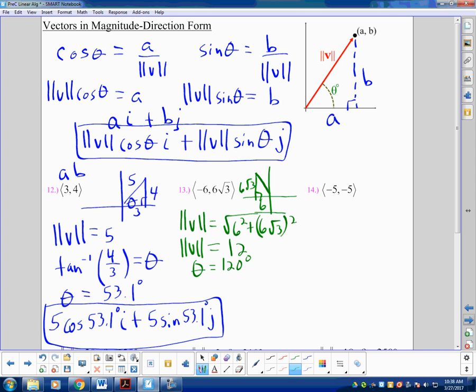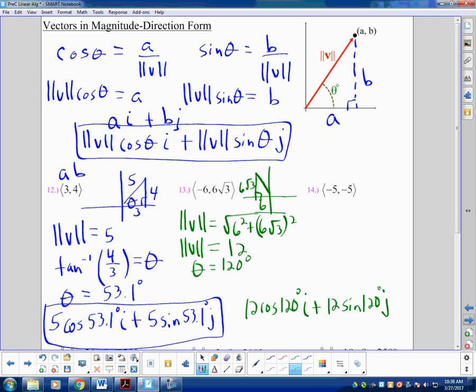And so my form is 12 cosine 120 degrees in the I direction. And what should the sign on this be here? Oh, we've got it taken care of. So plus 12 sine of 120 degrees in the J direction.